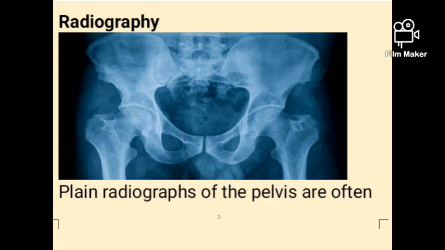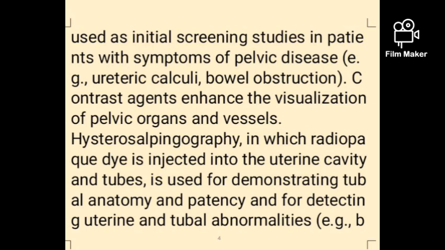Plain radiographs of the pelvis are often used as screening tools in patients with symptoms of pelvic disease. Contrast agents could be given to these patients, and this enhances the visualization of pelvic organs and the blood vessels that you find in the pelvis.